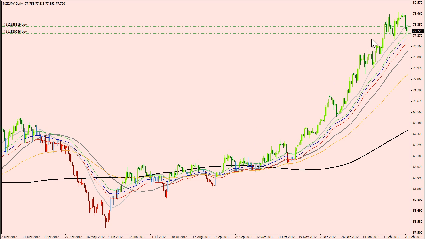Regardless of what some short-term congestion or consolidation might be doing, we want to step back and look at that one year, look at the angle of the wave, look at the candles, what color are they consistently printing, and say to ourselves, yeah, on the Kiwi yen, most certainly, this is a strength play for the Kiwi, a weakness play for the yen, and the bulls are firmly in charge of this market.